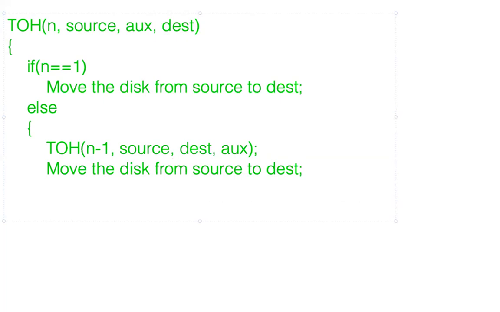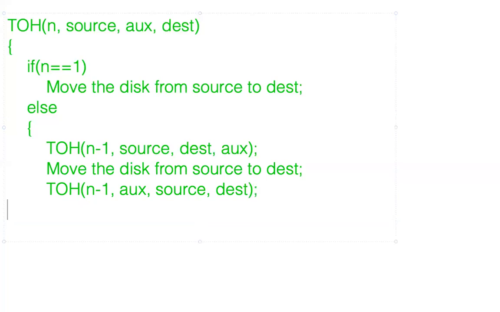And then what I can write next is TOH n-1, auxiliary, source, and destination.